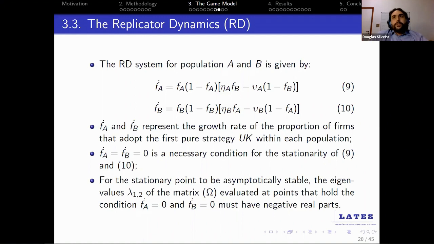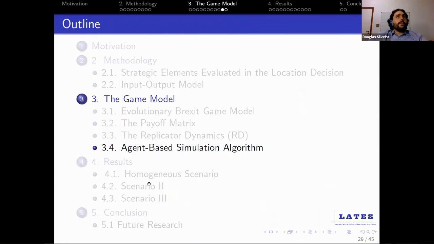And for reaching this result, we need the eigenvalues of the Jacobian matrix, the matrix of the partial derivatives, evaluated at the points that hold the conditions FA dot equals 0 and FB dot equals 0, to have negative real parts. So once we have these two conditions, we can say that firms will be playing an evolutionary stable strategy, okay?